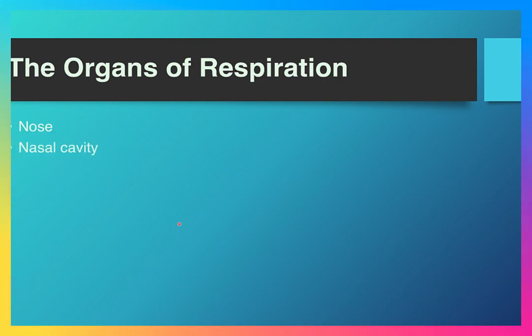Breathing starts at the nose, and the nasal cavity actually has an important function. There are actually two functions. One is it warms the air as it comes into your body. So the air is brought into your nose. There are actually something called turbinate bones that cause a turbulent stirring of the air, which allows the warmth of the nasal cavity to warm the air up.